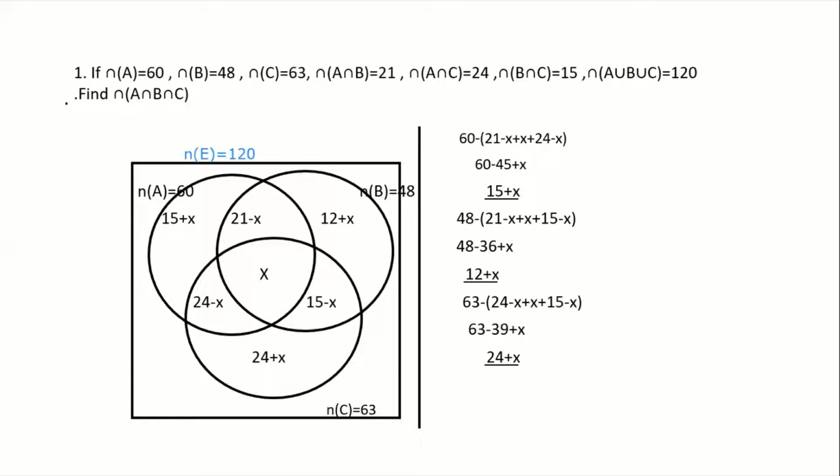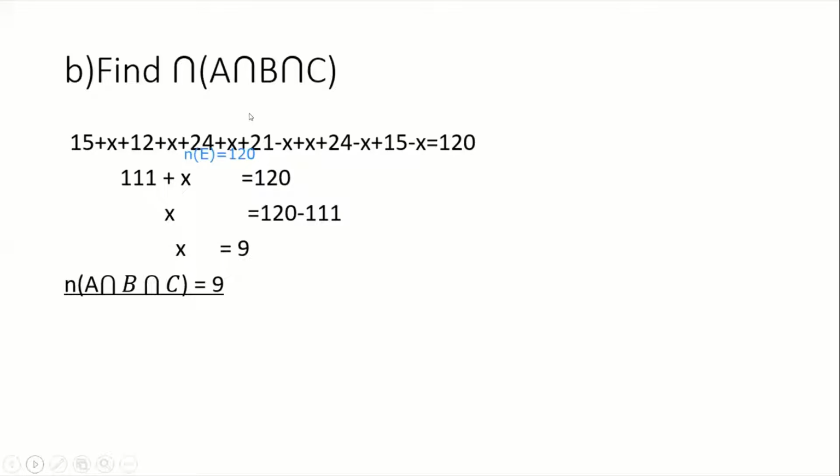That's why I said we have to add up everything: 15 plus X plus 12 plus X plus 24 plus X plus 21 minus X plus 24 minus X plus 15 minus X, which is equal to 120. Since all this expression gives us an equal rate to this 120.